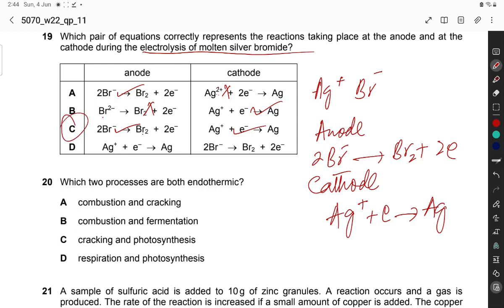Which two processes are both endothermic? Combustion and cracking. Combustion is exothermic, cracking is not exothermic. Combustion is exothermic, fermentation is decomposition. Cracking and photosynthesis, this is endothermic and this is again endothermic.